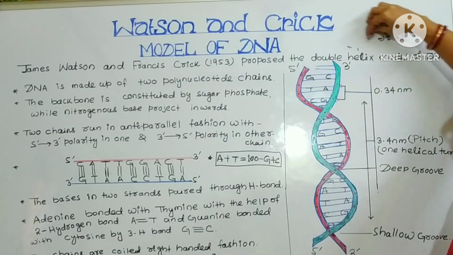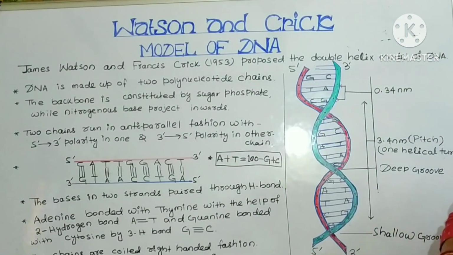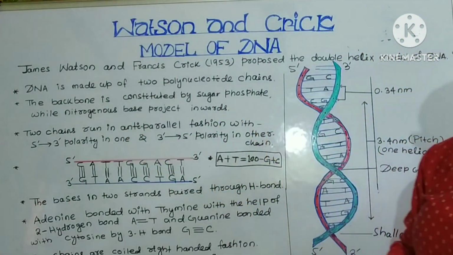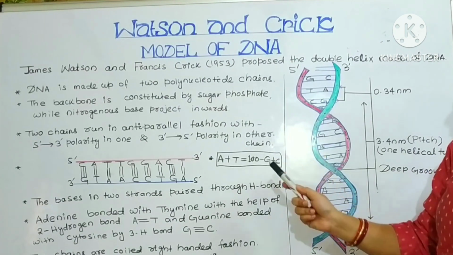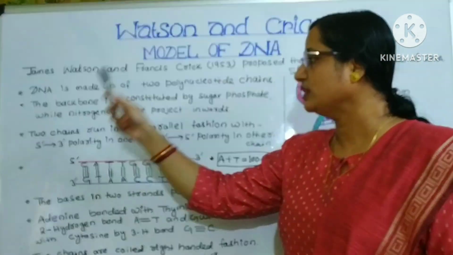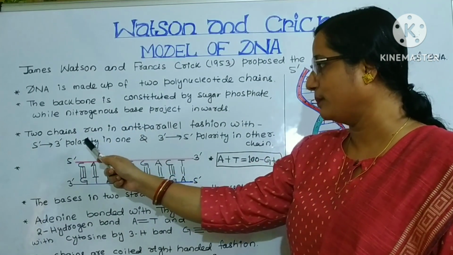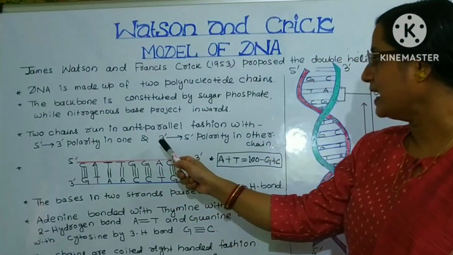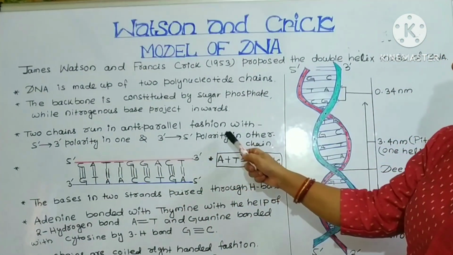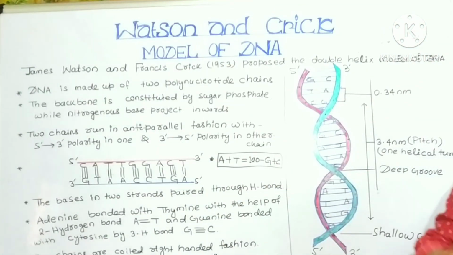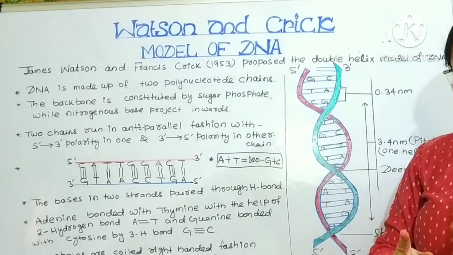Let's come to the next point. The two chains run in anti-parallel fashion, with 5' to 3' polarity in one chain and 3' to 5' polarity in the other chain.